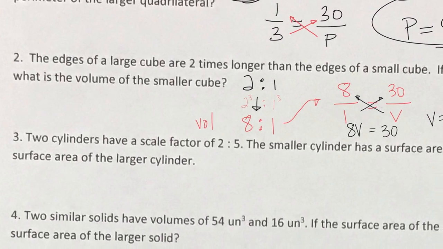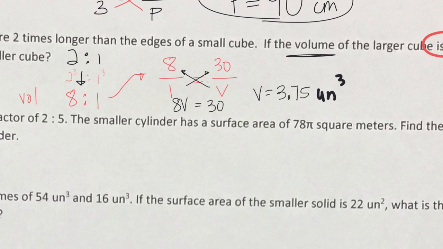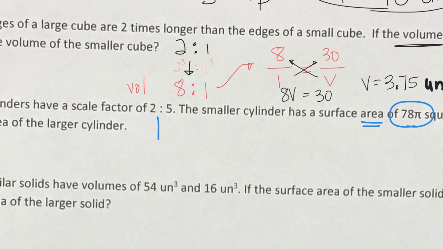Okay, in this next one we have a scale factor of 2 to 5. And we said the smaller cylinder has a surface area. So if we have an area, what do we do to our scale factor? We're going to square the scale factor. So 2 squared and 5 squared is 4 to 25, right? 4 to 25.